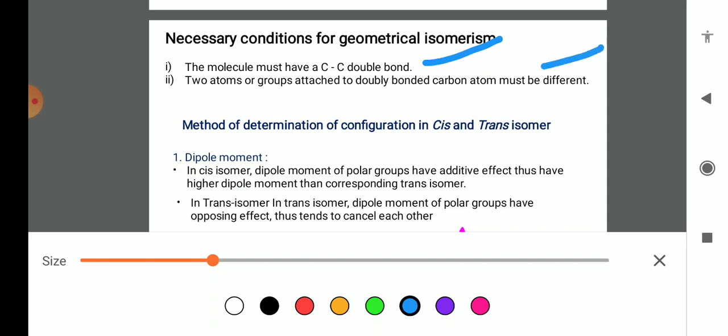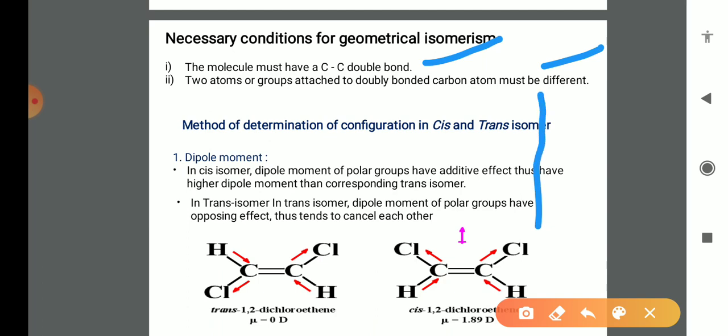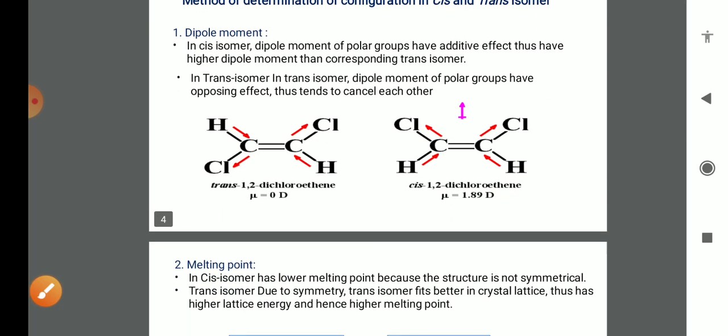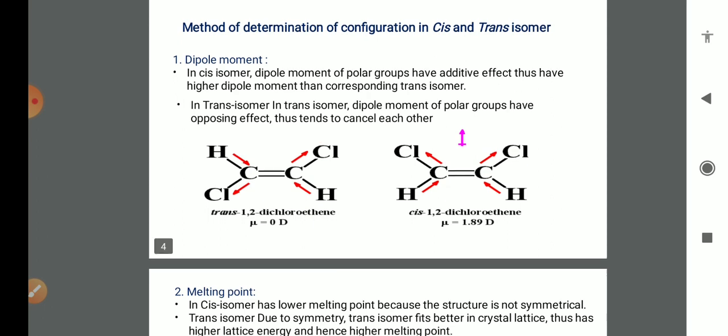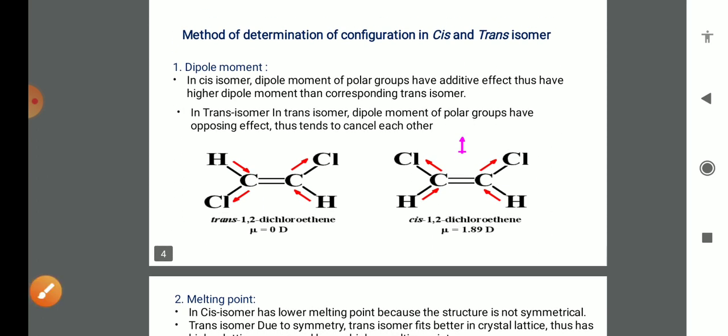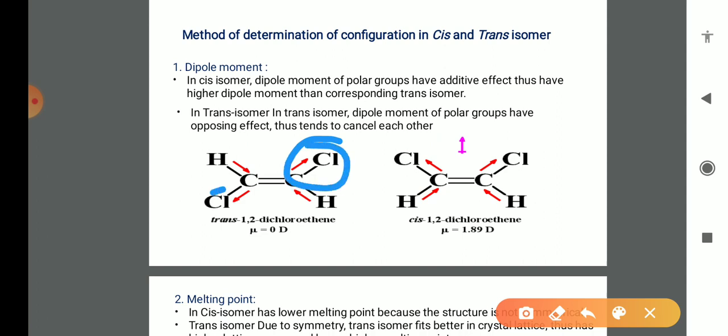How can we identify which type of isomer it is? For that we have methods of determination of the configuration of cis and trans isomers. The first is the dipole moment. The dipole moment is zero for the trans isomer because this is chlorine and this is also chlorine.